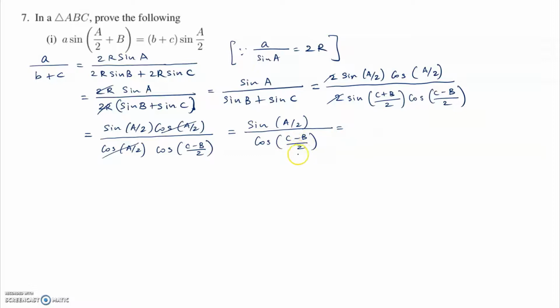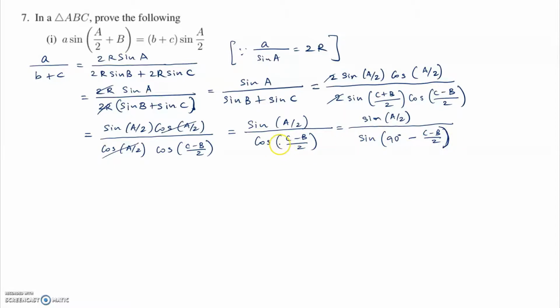Now, cos (C minus B)/2 can be written as sin (90 minus (C minus B)/2). Sin (A/2) in the numerator, let us keep that as it is. Now, the denominator, sin (90 degrees minus (C minus B)/2).